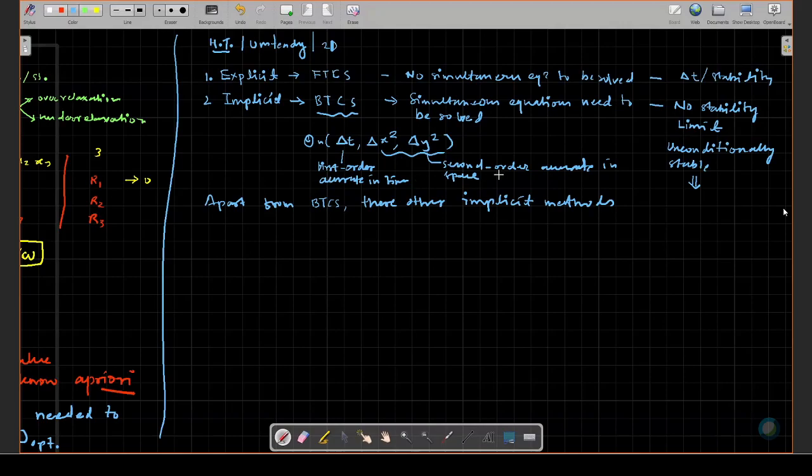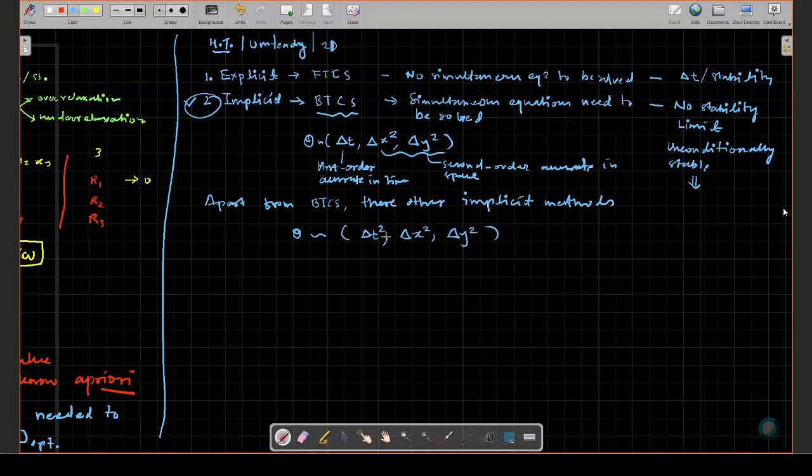Okay. Now, can you get some other schemes? Since this is in the good category, can you get some more good categories? So what we can get is some scheme which has order of accuracy delta t square. The more the order of accuracy, the more the accuracy is, right? That is what it means.